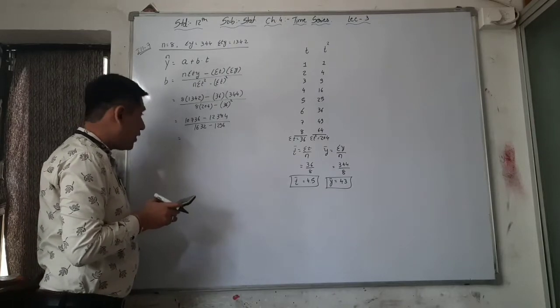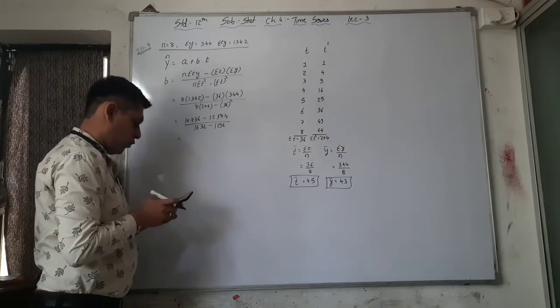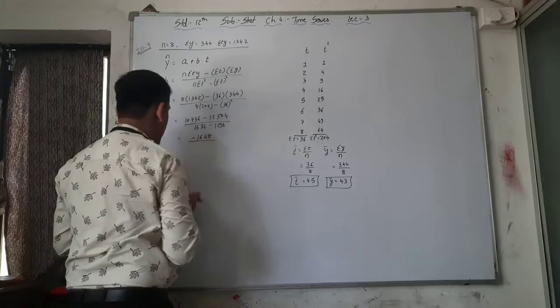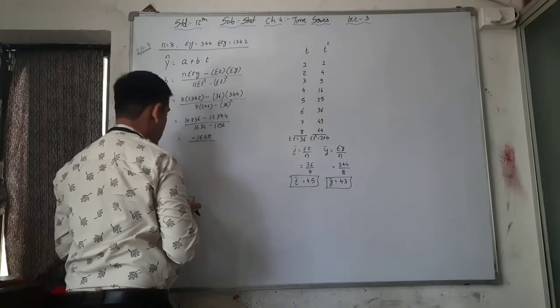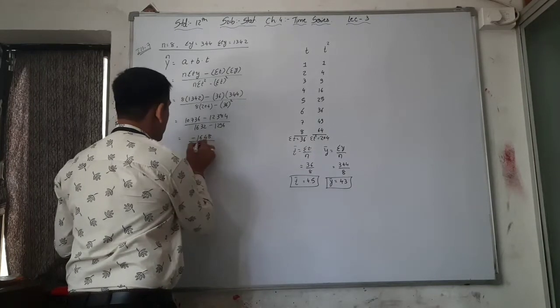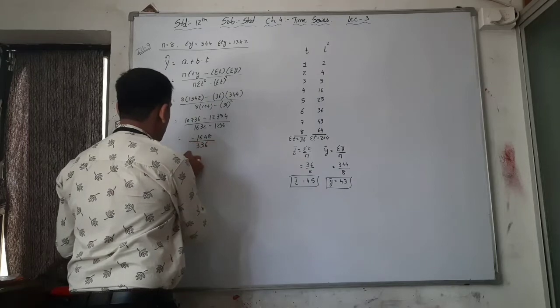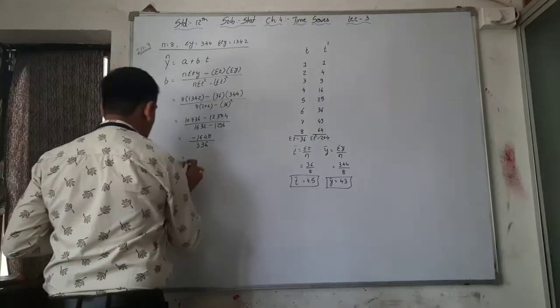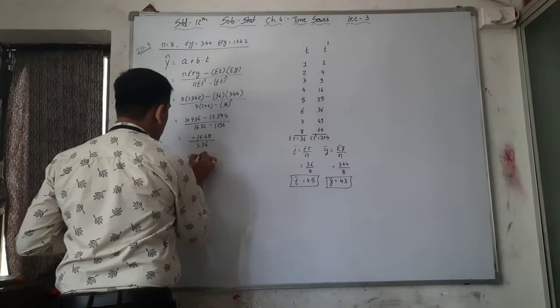So 10,736 minus 12,384, that is minus 1648, divided by 336. So the value of b is minus 4.9048.